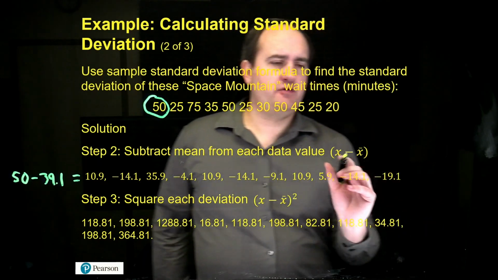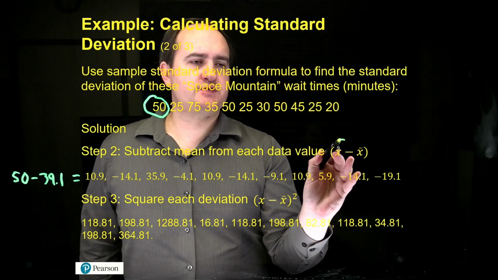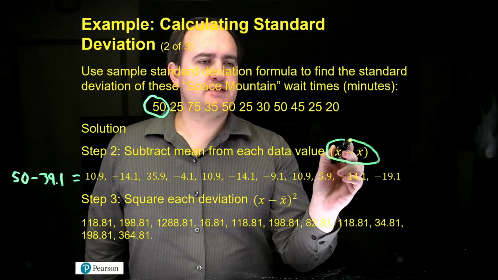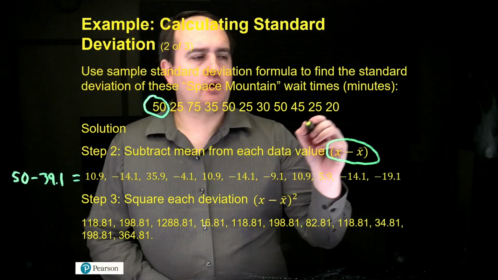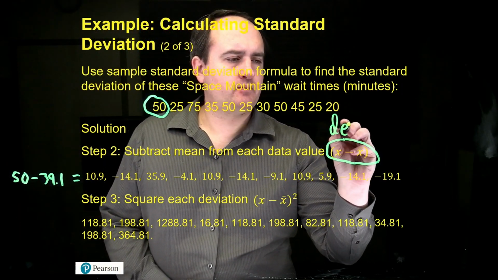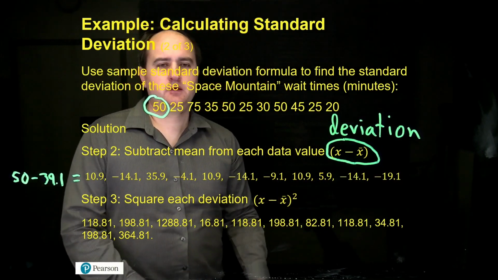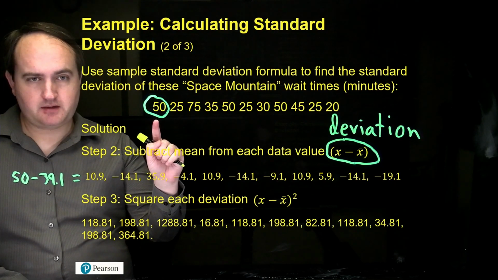Now the name for the standard deviation comes from the fact that we're doing this subtraction in the long formula. So this x minus x bar is called the deviation. So 10.9 would be the deviation of the first data value.